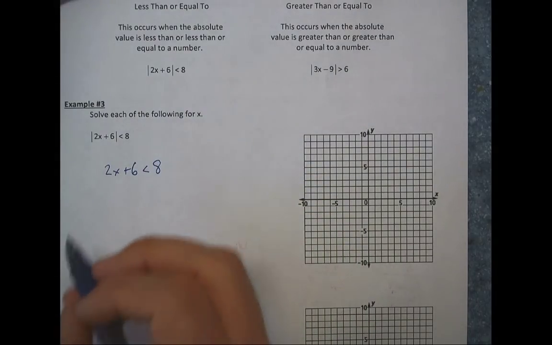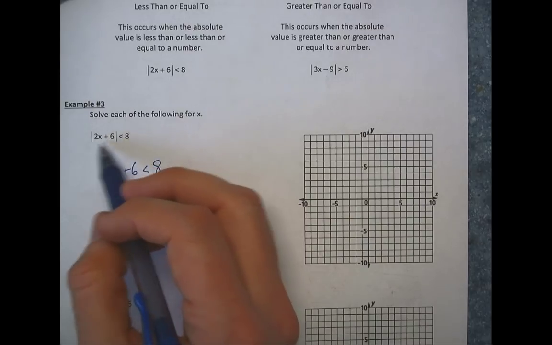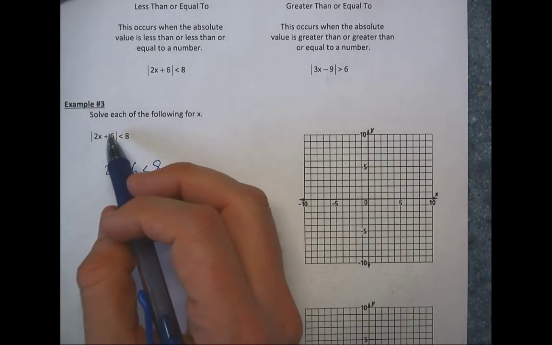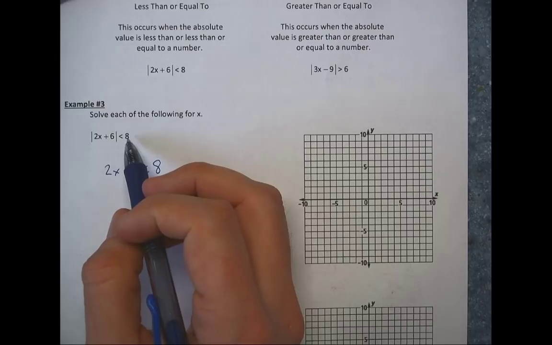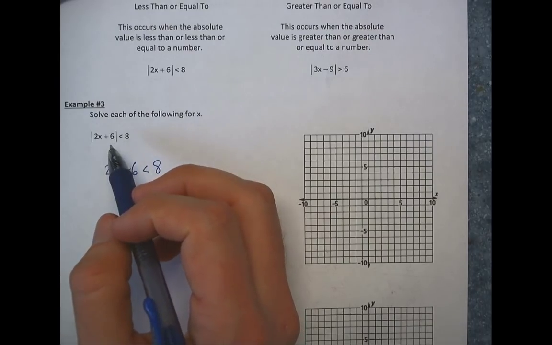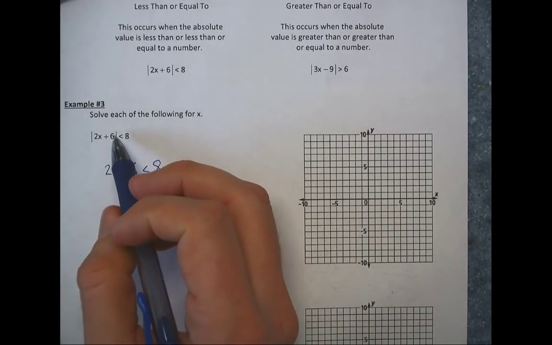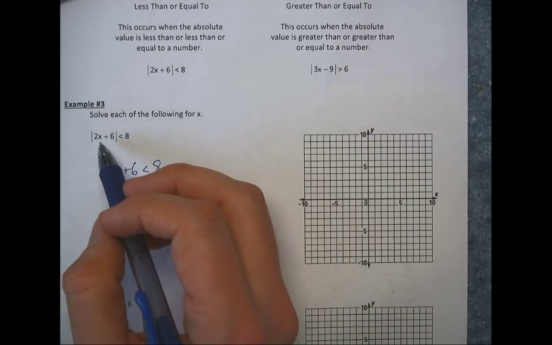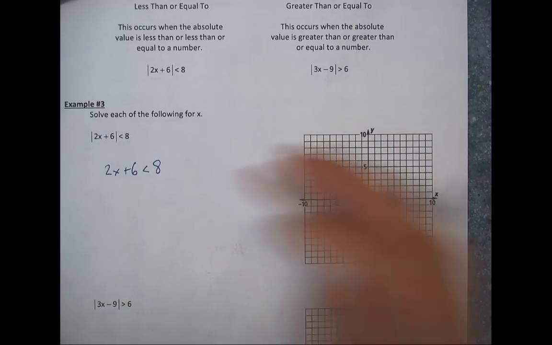But we also want to know, when does this produce a negative number that when you make it positive is less than 8? So those numbers would be like -5. Make it positive with the absolute value, and 5 is less than 8. Okay, not -10, because -10 would become +10.